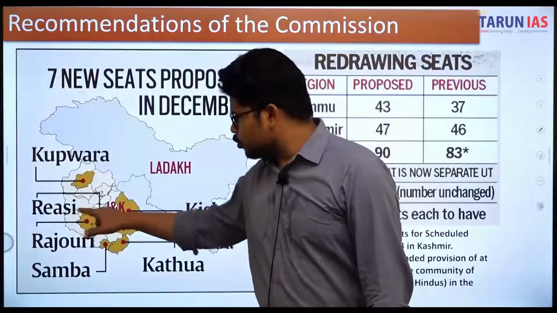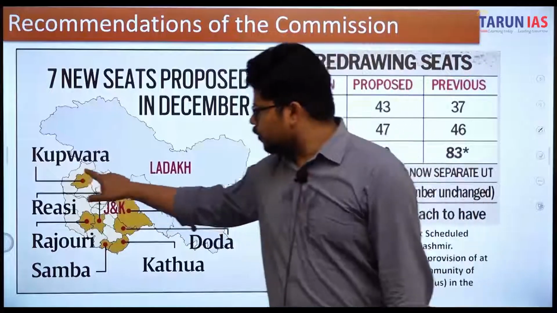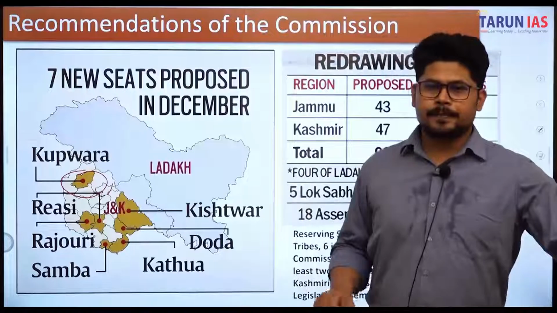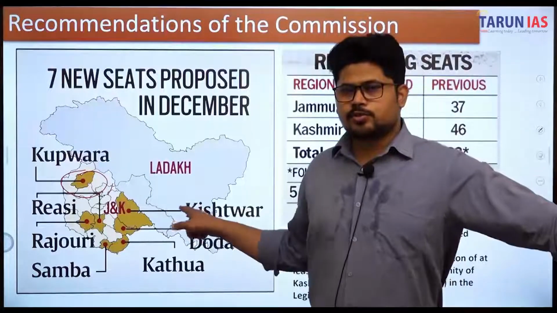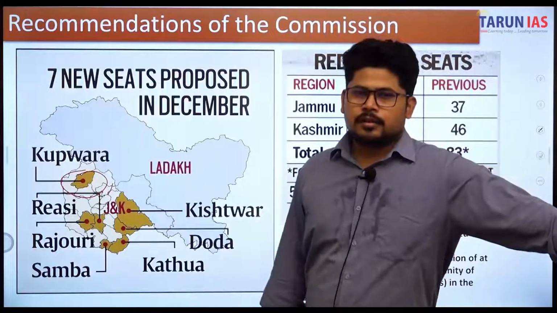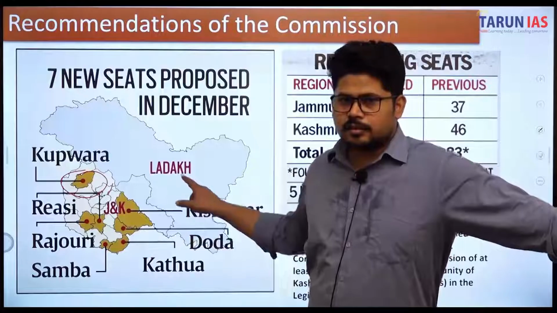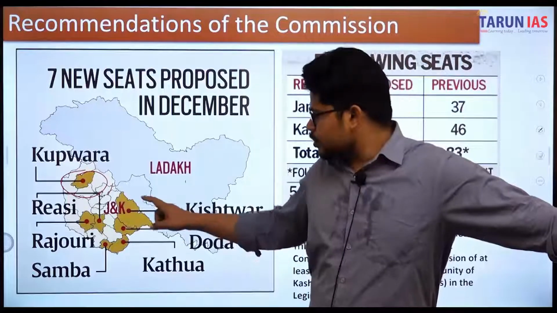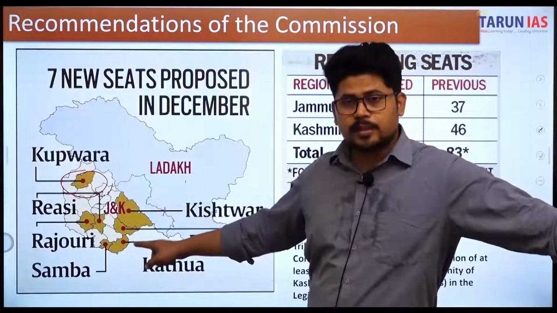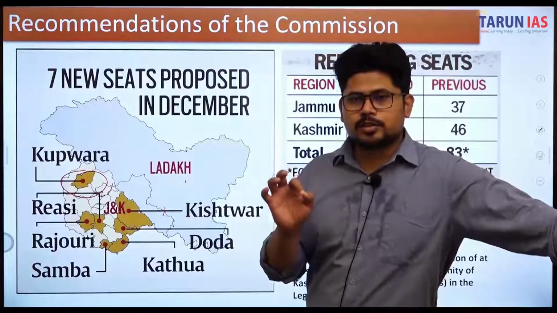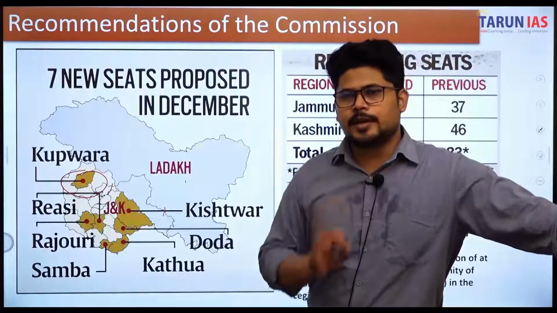That means 6 new seats for the Jammu region and 1 new seat for the Kashmir region, that is Kupwara. And for the Jammu region, Kishtwar, Doda, Kathua, Samba, Rajouri and Riasi. These 6 new seats, that means new territorial constituencies for the conduct of election to the Legislative Assembly of J&K.